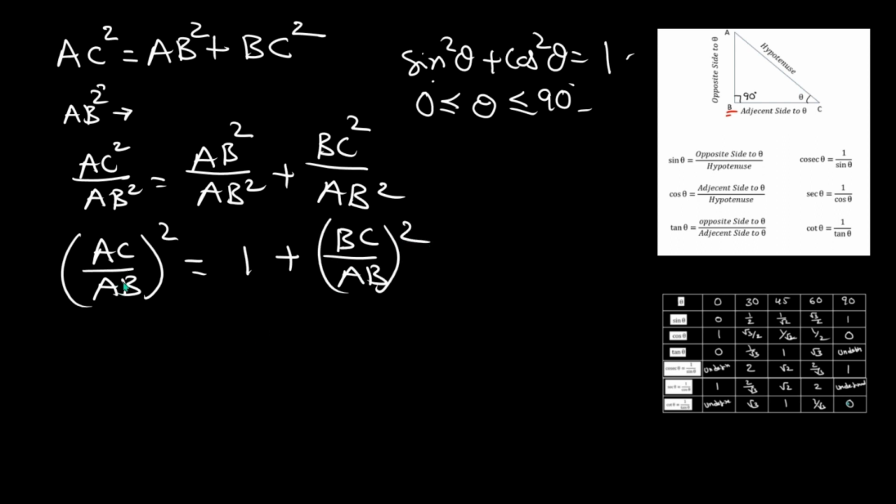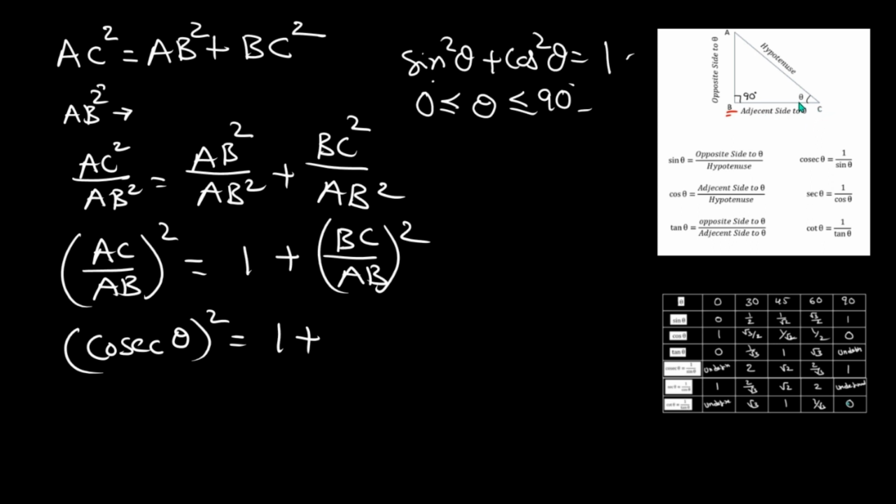What is AC by AB here? We know that AB by AC is sin theta, but AC by AB is the reverse of sin theta, and the reverse of sin theta is cosecant theta. So cosecant theta whole square equals 1 plus, what is BC by AB?